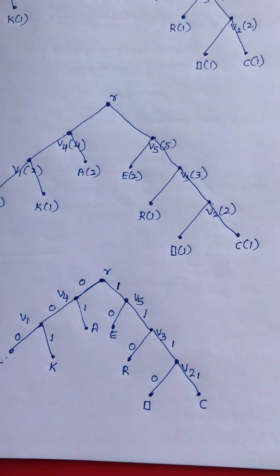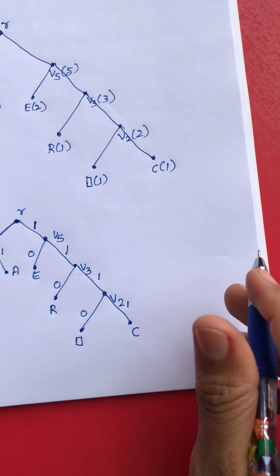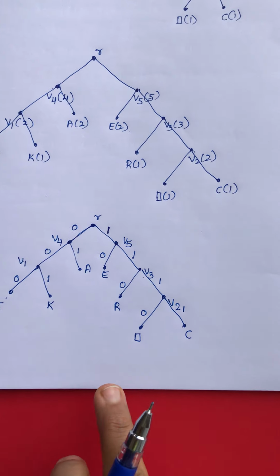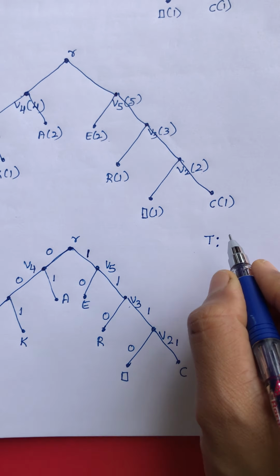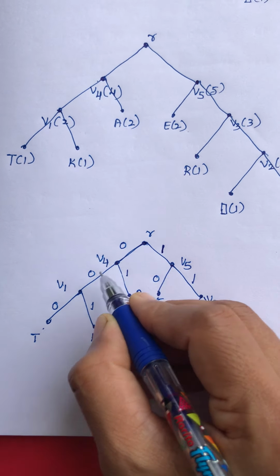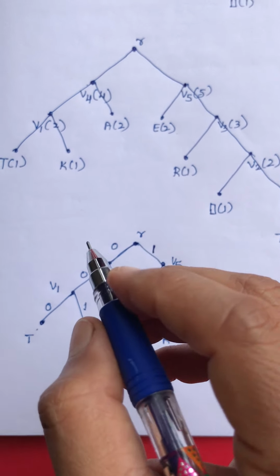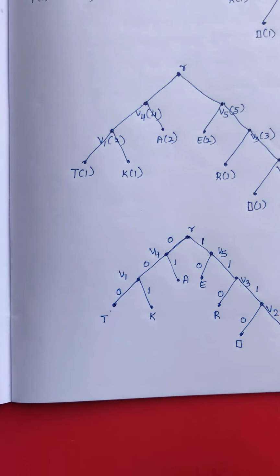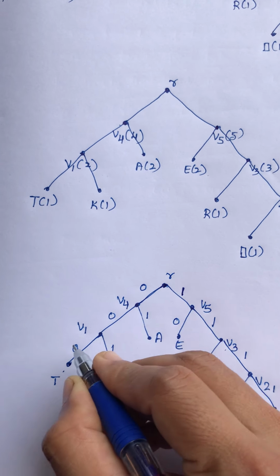Now how to write the message. I won't go to the next page, I'll write here itself because I need the diagram. Now let us start from T. What is the prefix code for T? Start from R, always start from R, don't go from here to that side. Many students make that mistake. Start with R, the root. From R, how to reach T?